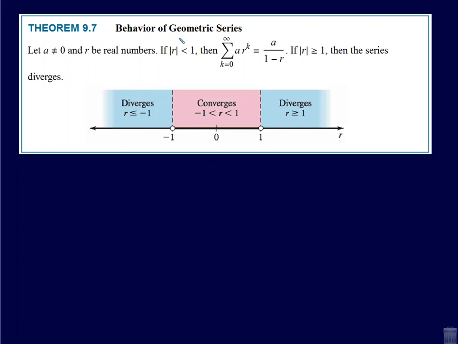Now, if we were to extend this further, maybe I want to add up forever and ever of a geometric series. So I could start with looking at what we just discovered, that the sum of a finite geometric series is this.